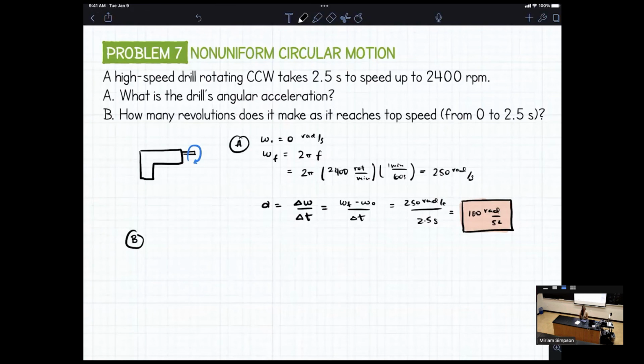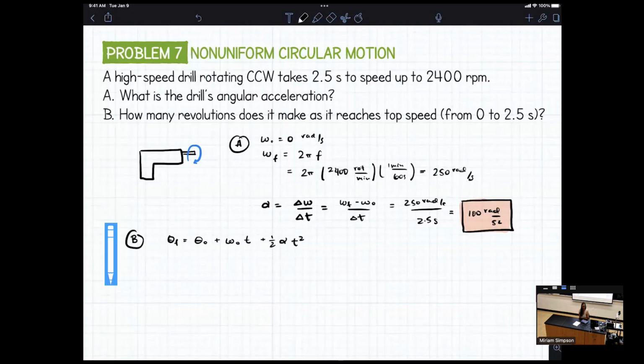Okay, so we're going to go back to a kinematics equation. Because remember, everything that we did, x, velocity, acceleration, position, velocity, acceleration, we have translated now into angular stuff. So we can say theta final is equal to theta initial plus omega initial t, right? Plus 1/2 alpha t squared.